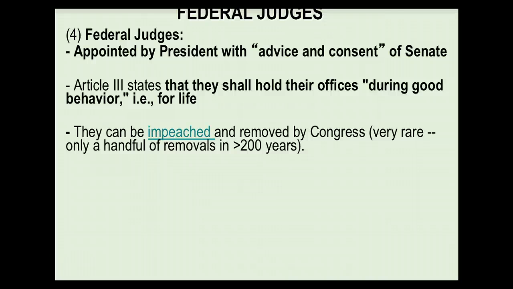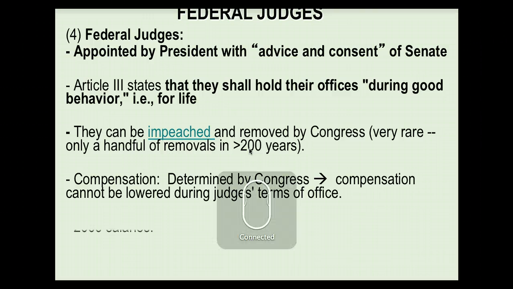The Constitutional Court judges are the ones that hold their office during good behavior, pretty much for life. The legislative courts, those Article I courts, don't get this awesome perk of having your job forever. Just like any official, they can be impeached and removed by Congress. Very rare, hasn't happened very often.